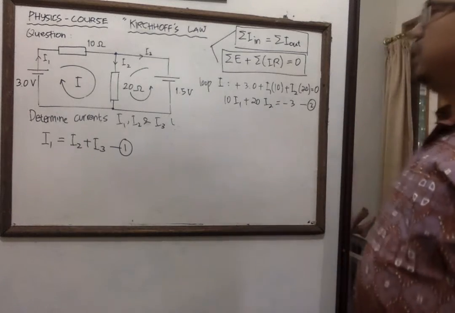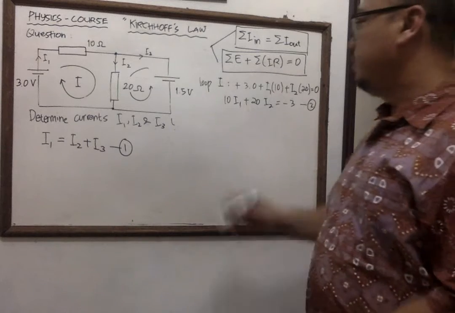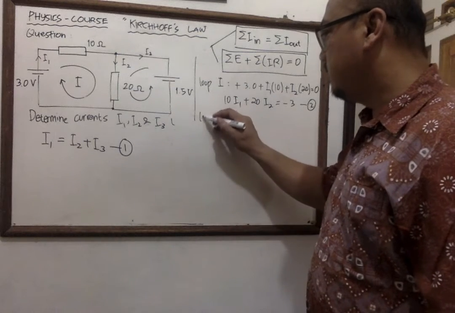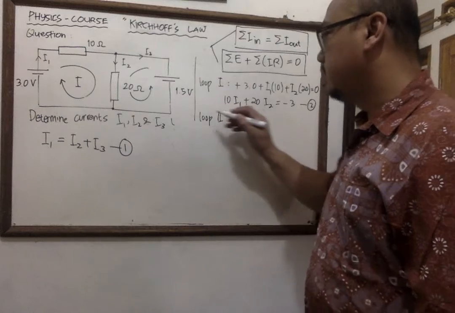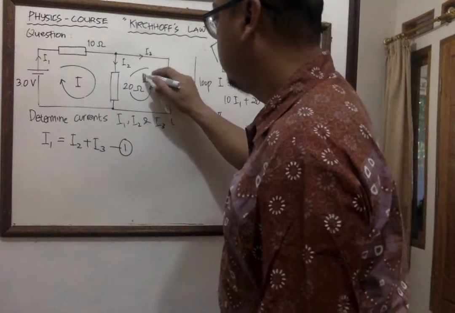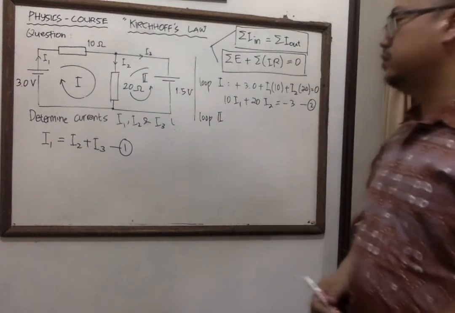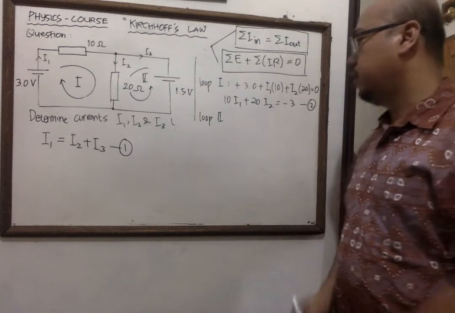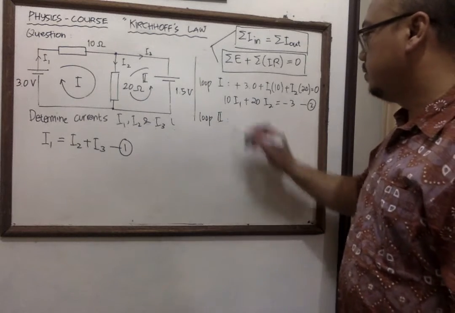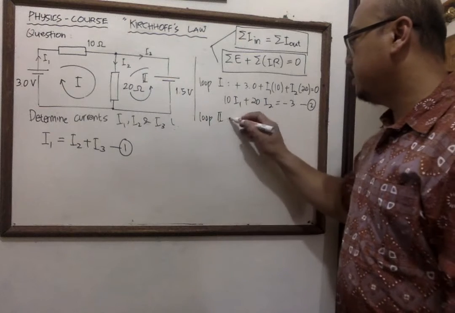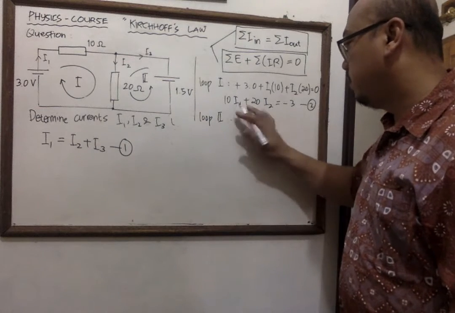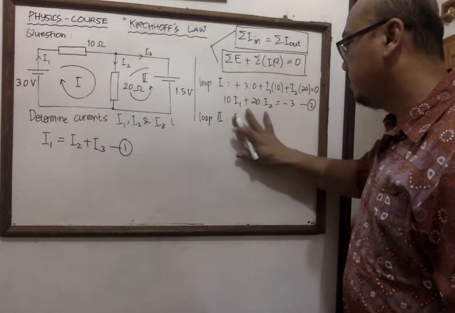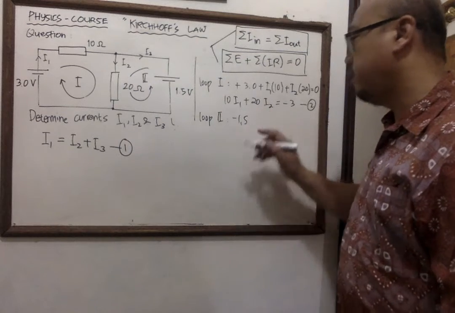After that, we look at loop 2. On loop 2, we have minus 1.5. Why is it minus 1.5?